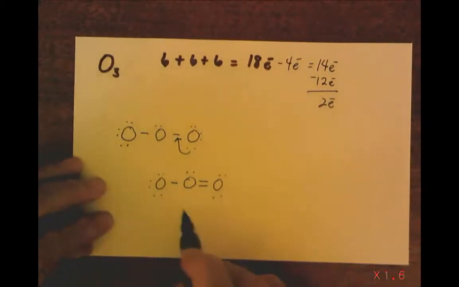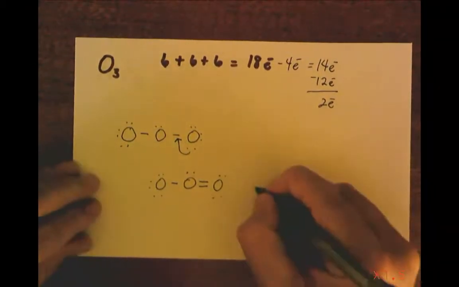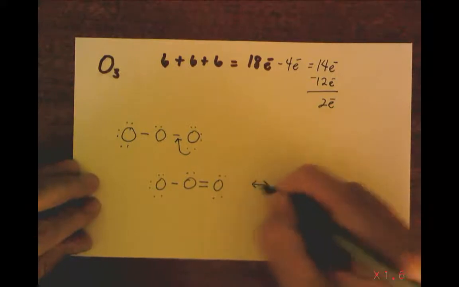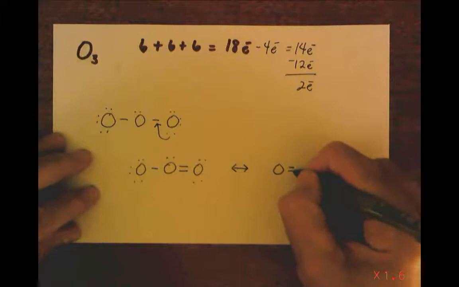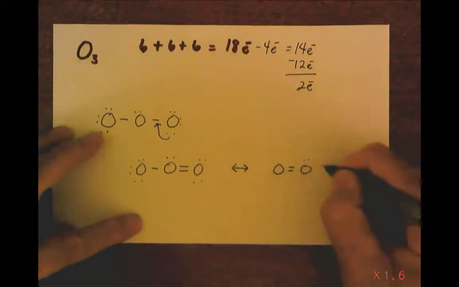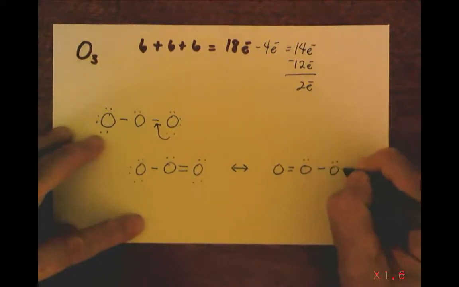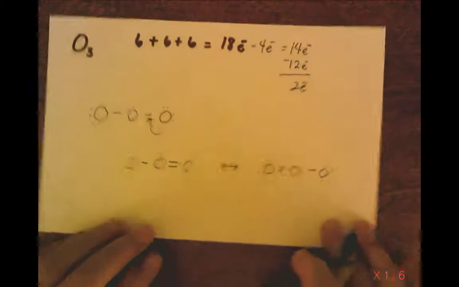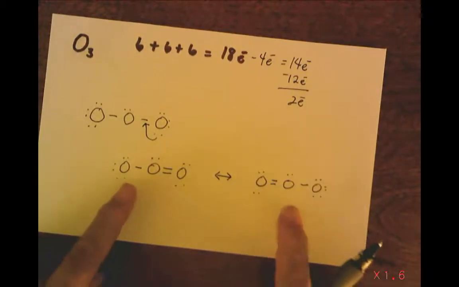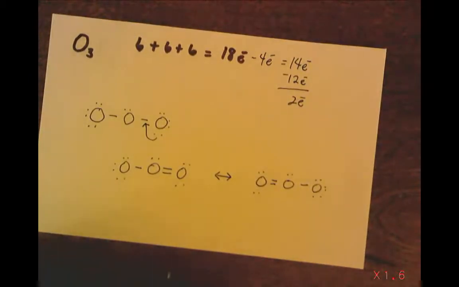Now remember, we learned in the last lesson resonance structures, which simply mean it's a blend of both. So we draw both possible drawings. Okay, 2, 4, 6, 8. All right, and so this is the Lewis structure for ozone.